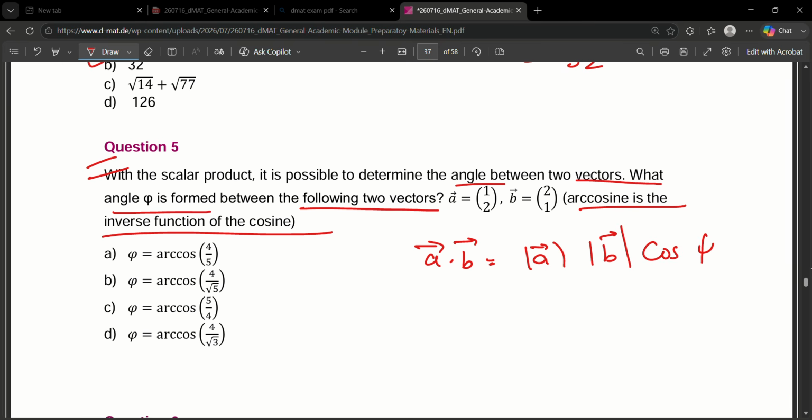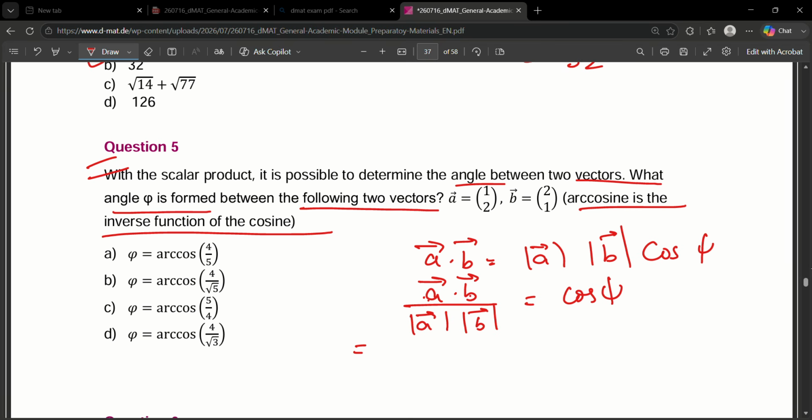You have to find the angle. If this is multiplied here, the magnitude would be divided here. First of all, you have to find this thing.